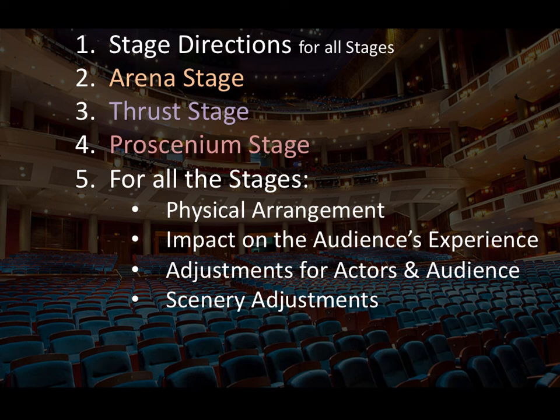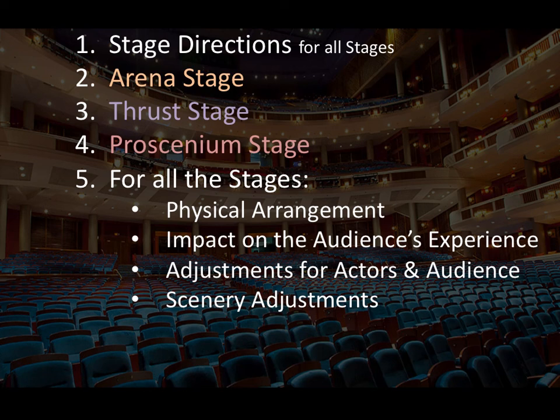The audience seating areas in a black box are not fixed, they're not attached to the ground. So you could feasibly have a proscenium stage or a thrust stage or an arena stage, depending on how you arrange the audience and the performance space within the black box.